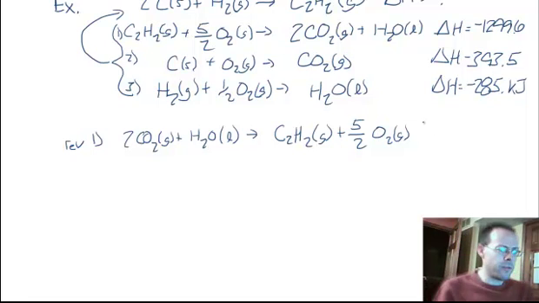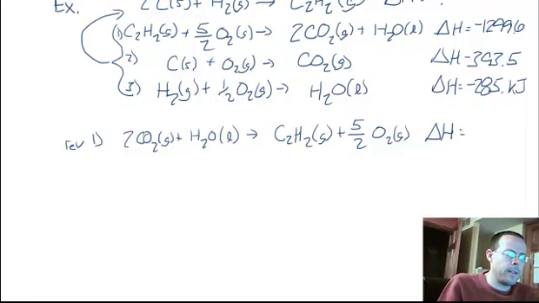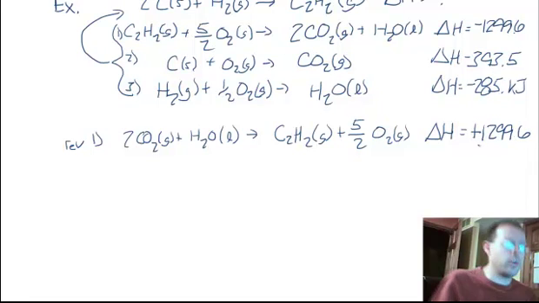Because I reversed that, my delta H is going to be the opposite. Instead of negative 1299.6, it becomes positive 1299.6. With the reactants and products switched, instead of giving off 1299.6 kilojoules, it is going to absorb 1299.6 kilojoules.